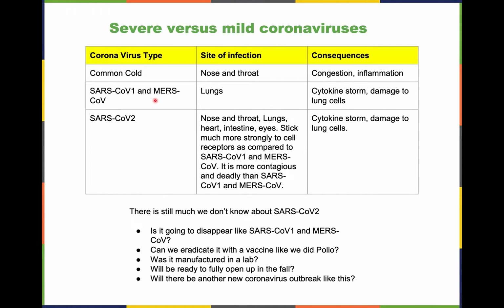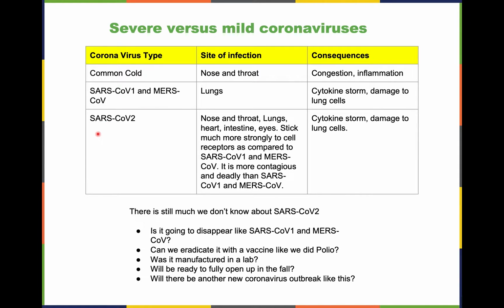So SARS-CoV-1 and MERS-CoV aren't as contagious as the one we're dealing with right now. And the reason is that it doesn't infect the upper respiratory tract. It is when you get an infection in your upper respiratory tract, and then you sneeze and your saliva comes out. That's how you can spread it.